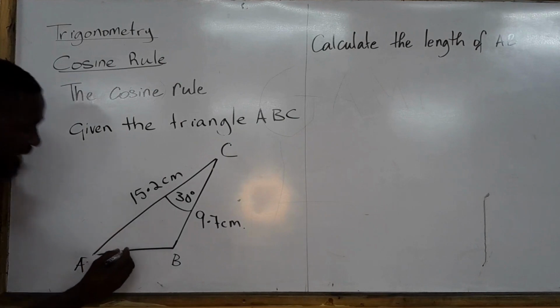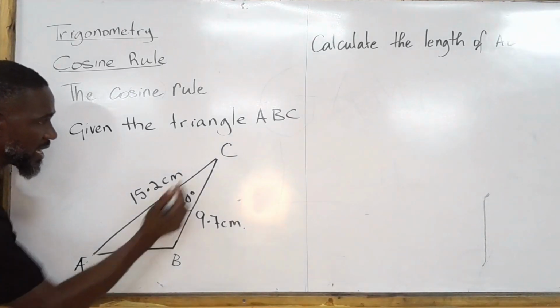So the length of AB is, again, remember the angles and the sides are opposite to each other.